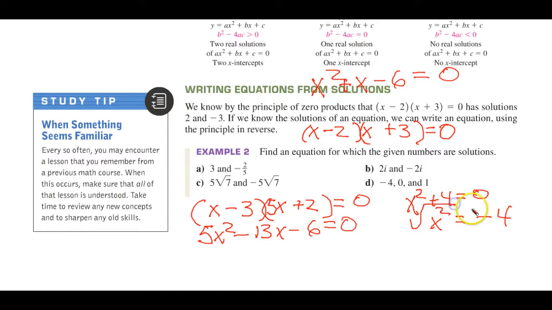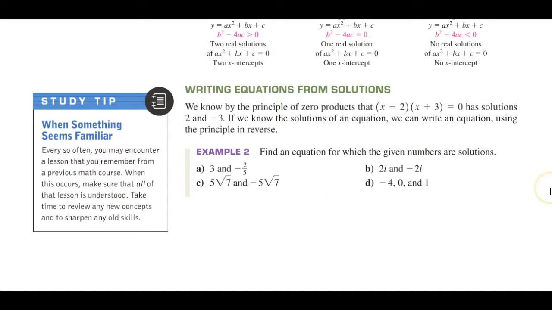Then take the square root of both sides, and we get then x equals plus or minus 2i. Now there is this way to do it too, but it's a little complicated, and I'll let you see it on the next slide here.